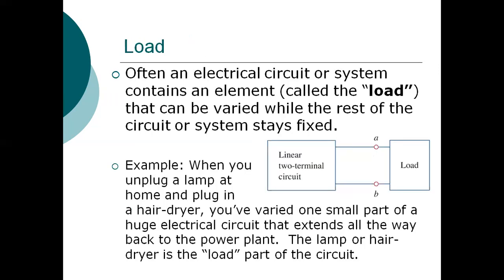Often an electrical circuit or a system contains an element called the load, which can be varied while the rest of the circuit or system stays fixed. This block diagram represents a complicated network consisting of a linear two-terminal circuit.